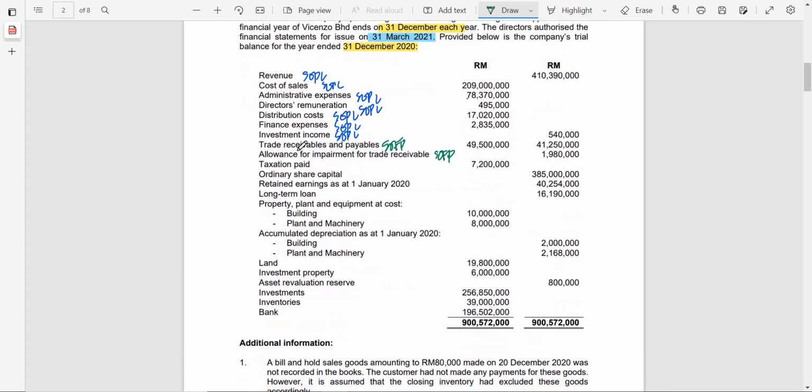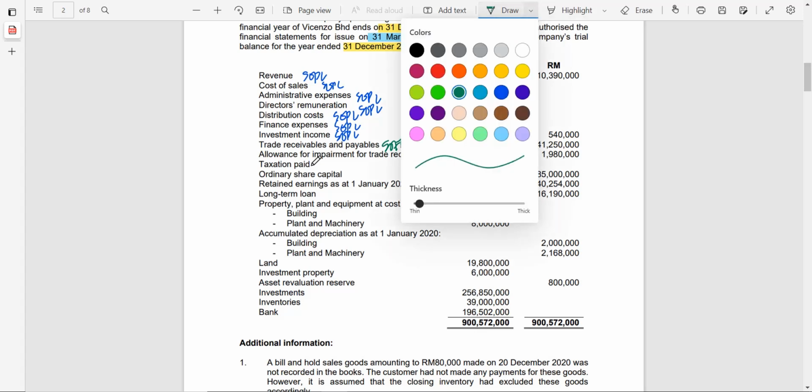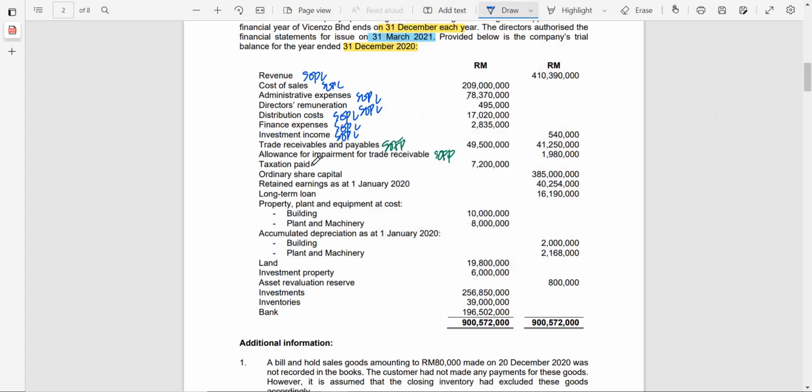You also will see that taxation paid here is an expense that has been paid. So this will later be in the statement of financial position for the tax recoverable or tax payable. However, for the taxation expense, we are going to find out how much that is, and that will be put in the statement of profit or loss.